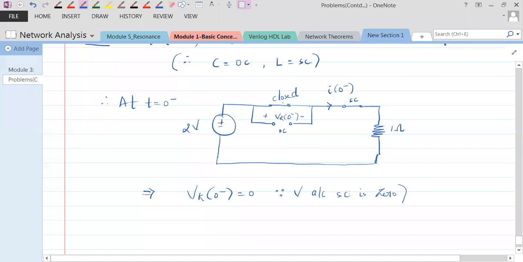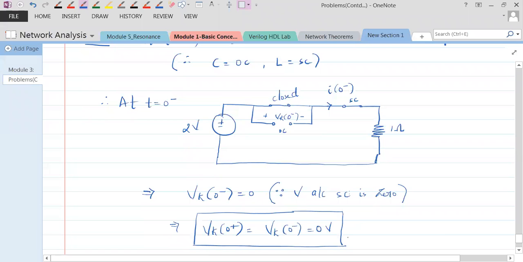See, this is open circuit and this is short circuit. So Vk across open circuit is actually Vk across short circuit because they are in parallel. So in that sense, this is true. This further implies that Vk of 0 plus is equal to Vk of 0 minus, and that's equal to 0 volts. So this is just by observation we can say. We don't have to apply anything to do that.